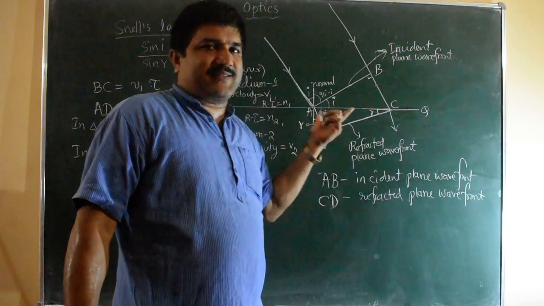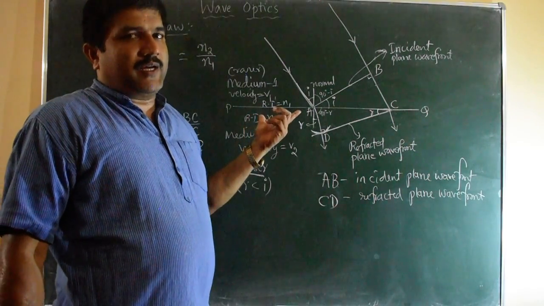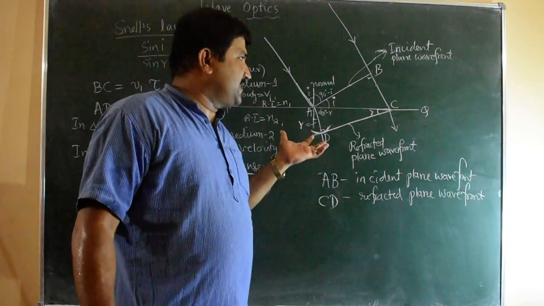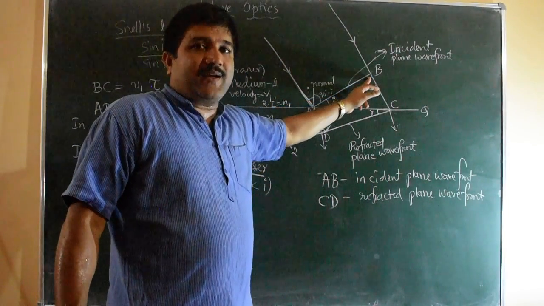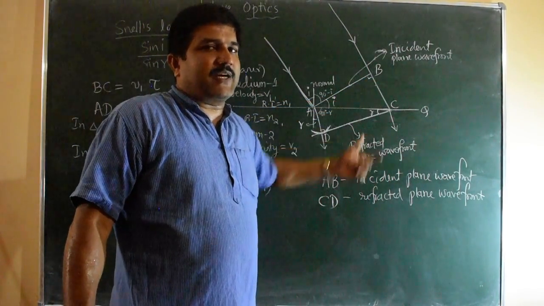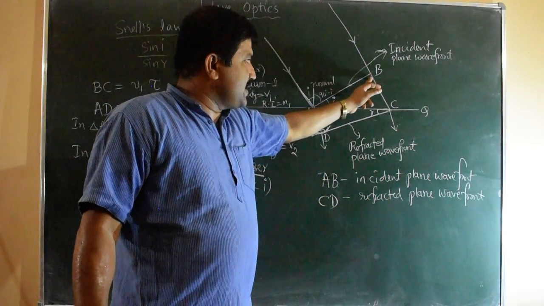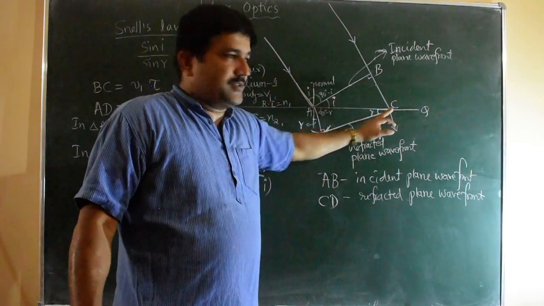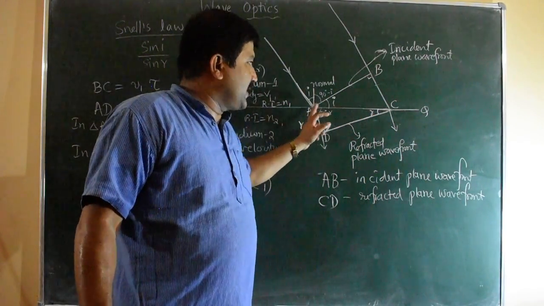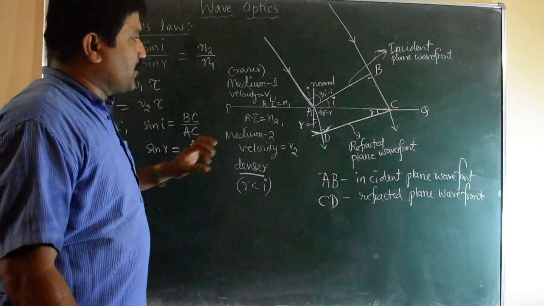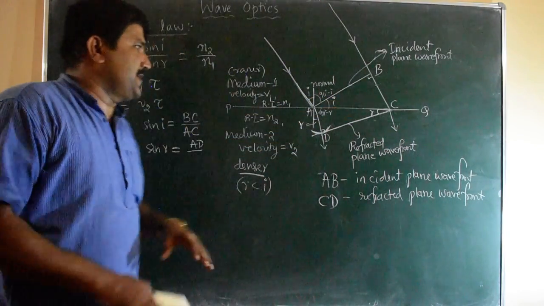The hypotenuse is the longest side in any triangle, and it is the side opposite to the right angle. Here angle B is 90 degrees, so AC is the hypotenuse. Here angle ADC is 90 degrees, so AC is the hypotenuse. So sin R is AD divided by AC.